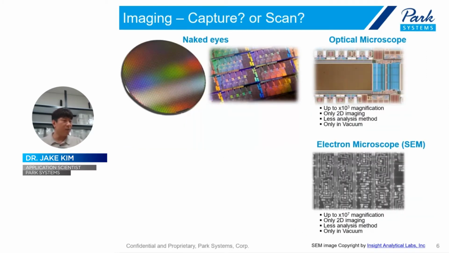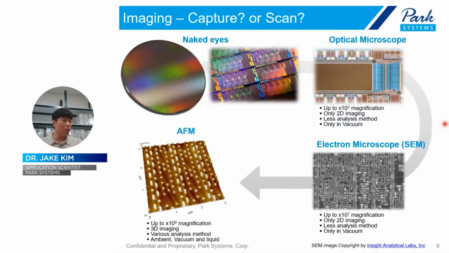Here are some comparisons: our naked eyes, or optical microscope, or electron microscopes like SEM or TEM. Of course, they are nice techniques and they have good advantages, but regarding resolution, sample variation, and environment limits, the AFM can cover those kinds of things.